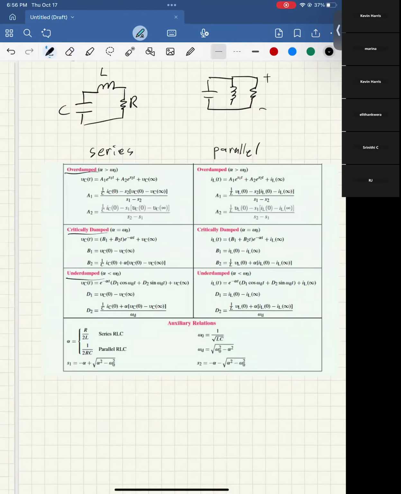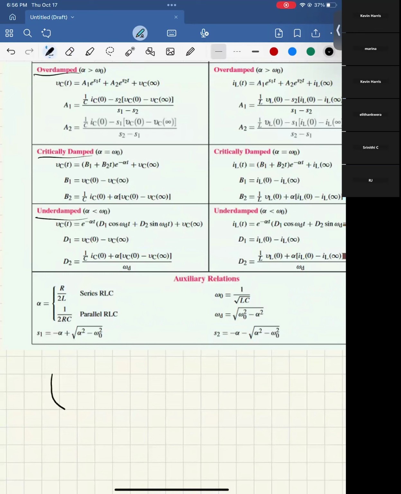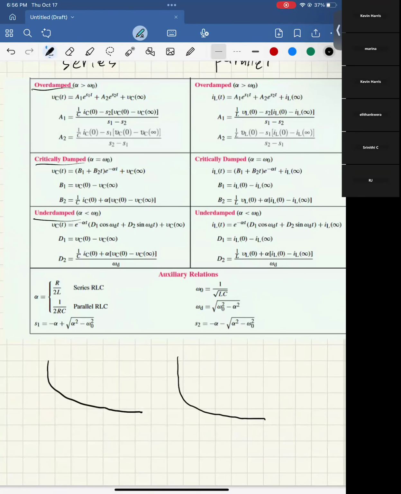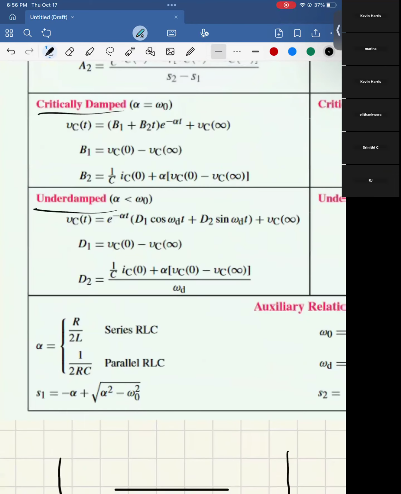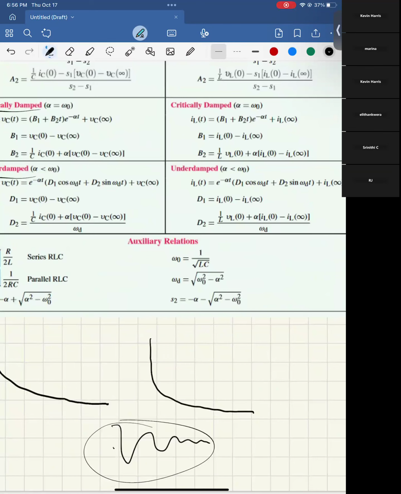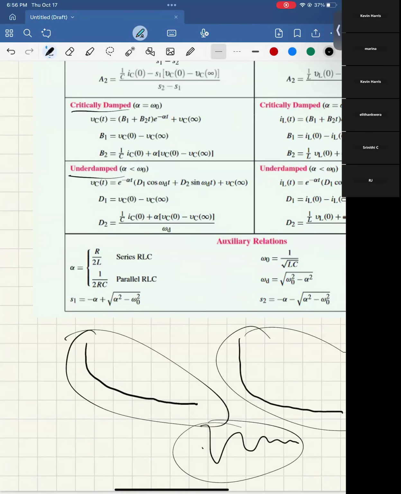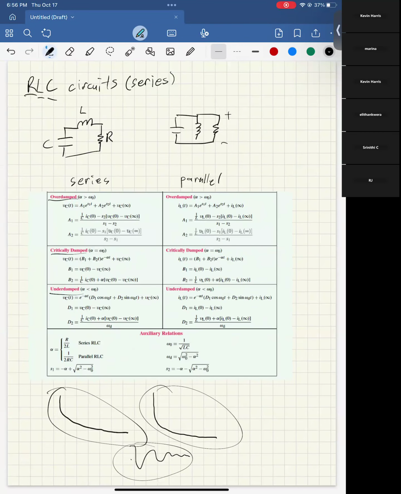When something is overdamped, it returns to its resting state slowly. If it's critically damped, it returns to its resting state as fast as possible. And if it is underdamped, it'll wiggle back down. So basically, if your resistance is too small, it'll wiggle. If your resistance is just right, it'll be critically damped. And if your resistance is too big, it'll be overdamped. That's something you can think about, but you don't really need to. That's just some math that you'll learn eventually if you're an engineer.